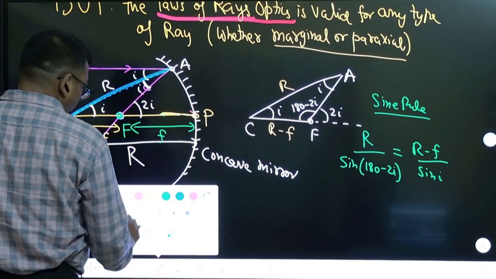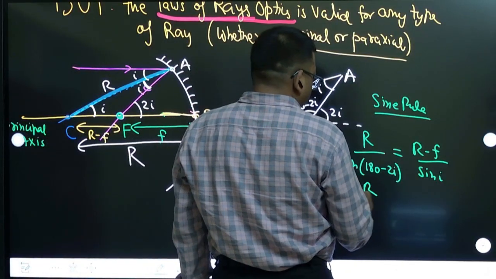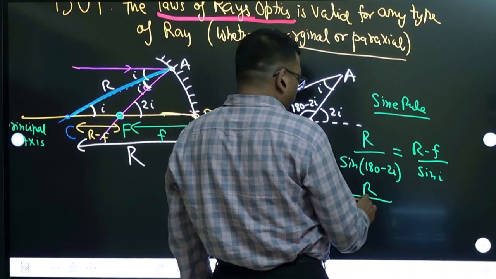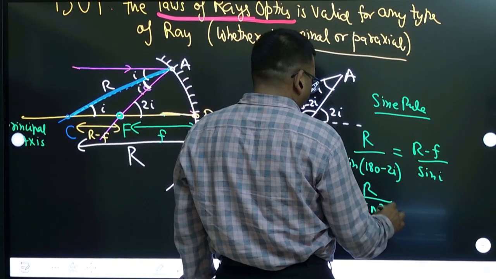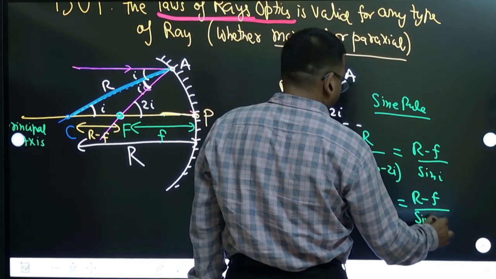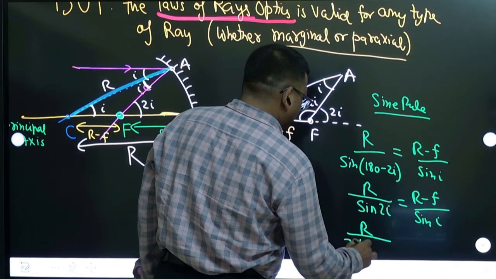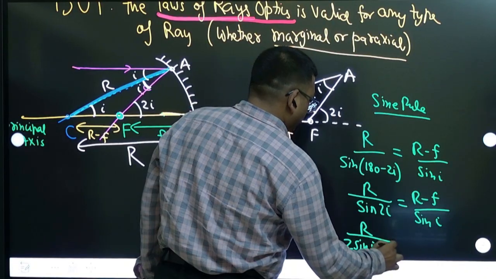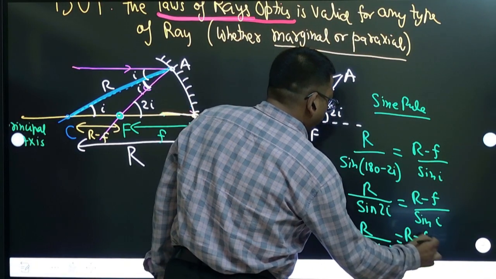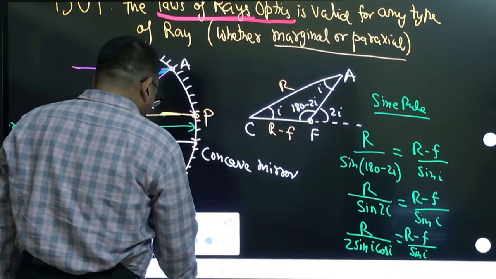Now let us calculate that. Sine 180 minus 2I also becomes sine 2I. I hope you know that. R minus f by sine I. Now sine of 2 theta is 2 sine theta cos theta. Now I will cancel sine I on both sides.